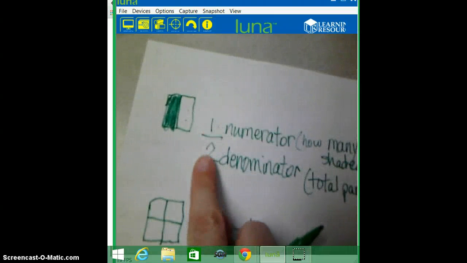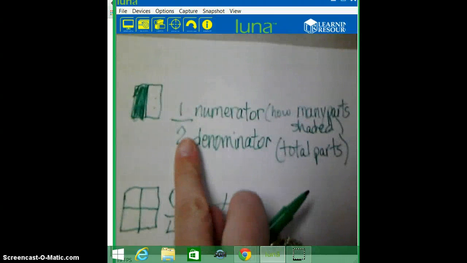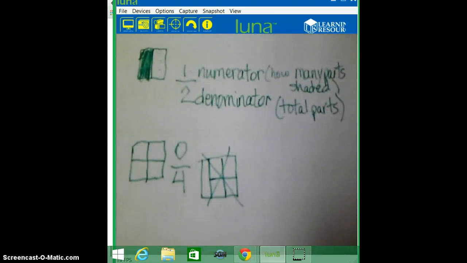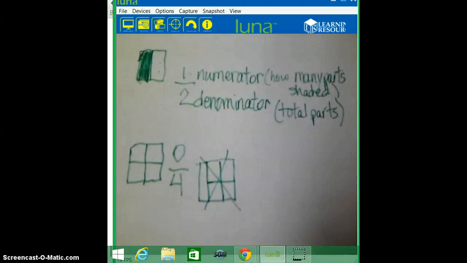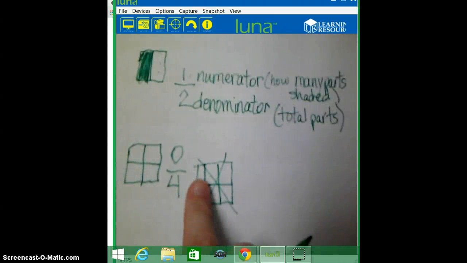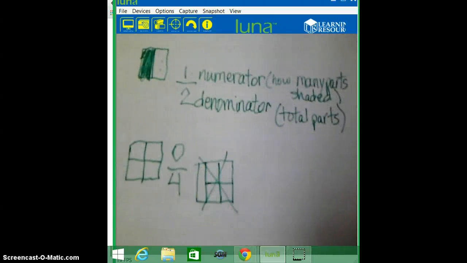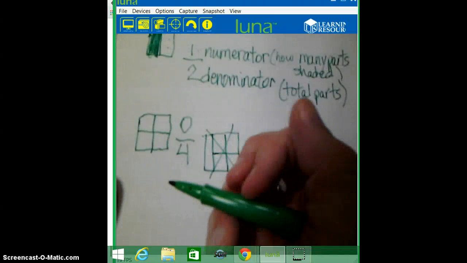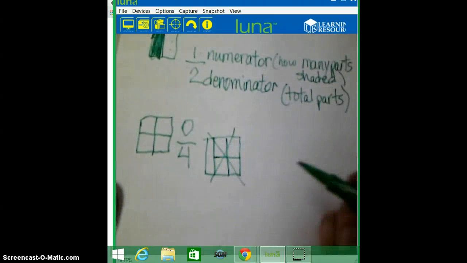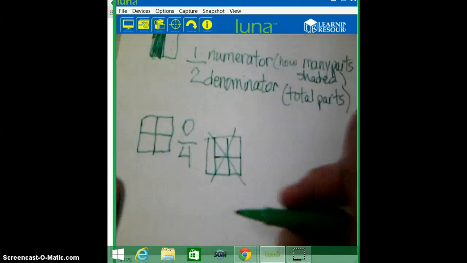But here's another thought. Sometimes you have a fraction where the top number can fit into the bottom number so many times equally by multiplying. So how many 4s fit into 8? Or can 4 fit into 8? Yeah, it can, and 2 of them do. So since 4 can fit into 8, we're going to divide by 4/4.